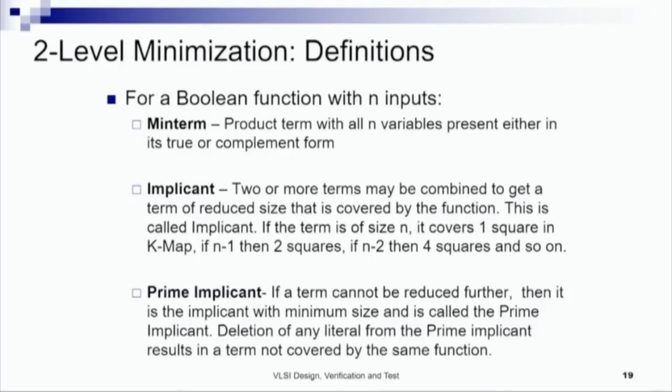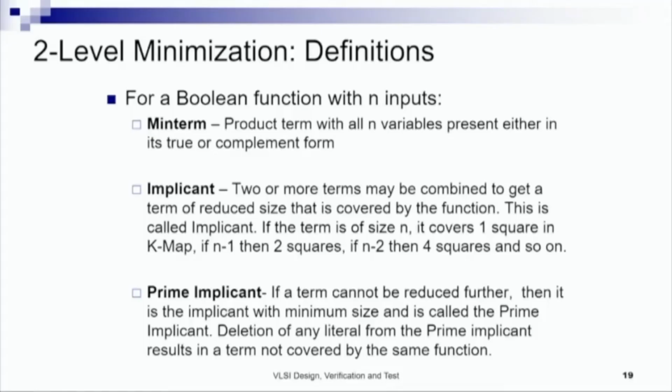And if we try to reduce this product term, it will cover a few cells not containing ones or don't cares. So it will cover some zeros, which is not what is desirable.